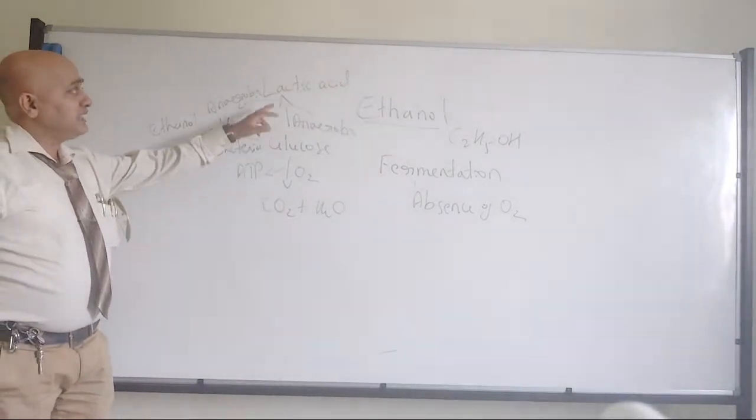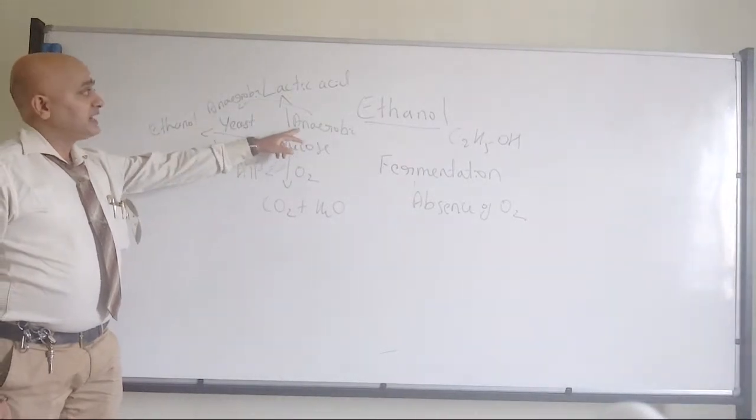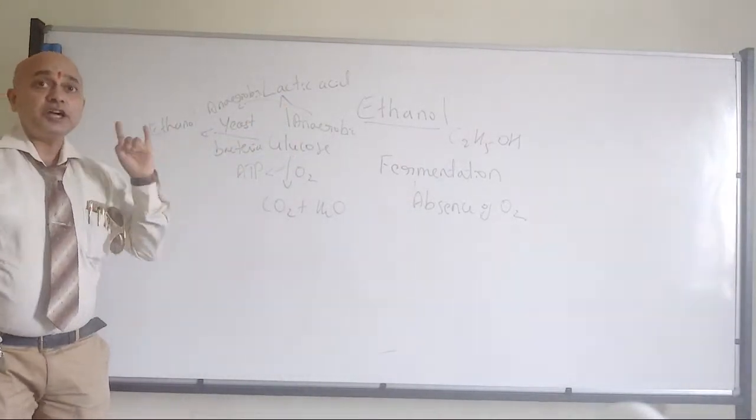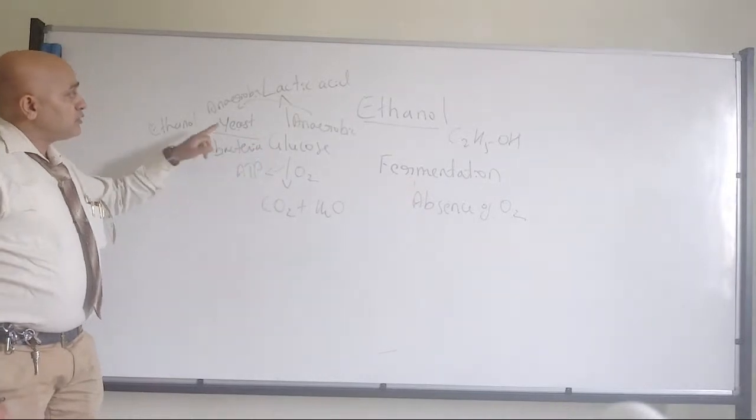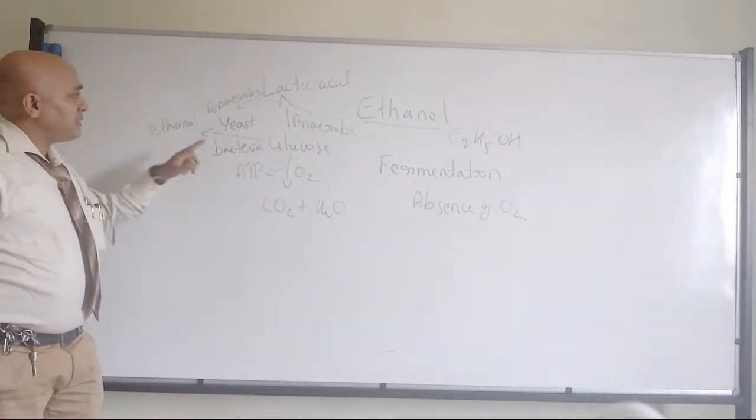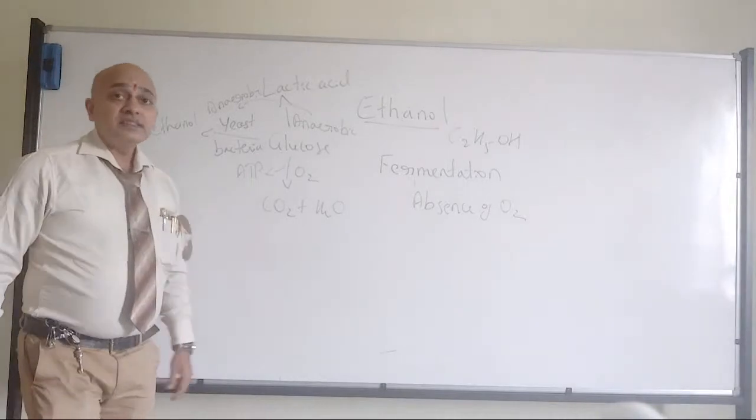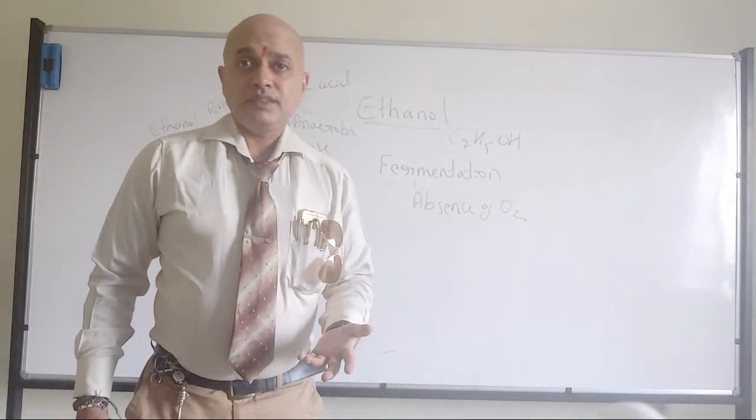So glucose in case of humans will get converted into lactic acid under anaerobic condition. But the same glucose under anaerobic condition in yeast and some bacteria will get converted into ethanol. Fine?